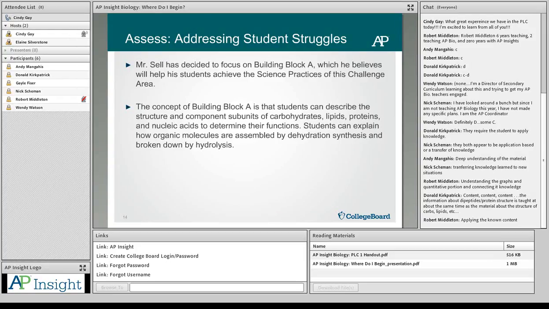So that students can describe both the structure and the subunits of these macromolecules in order to determine their functions. And then not only that, they can go further and explain how those organic molecules are assembled by dehydration synthesis and then subsequently broken down by hydrolysis.